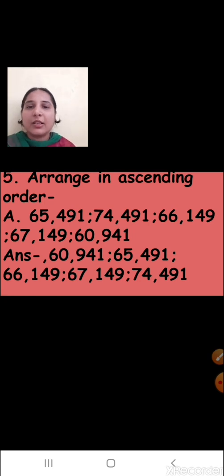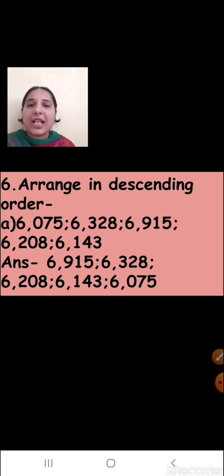Then the number just more than that would be 65,491, then 66,149, then 67,149, and then the greatest one would be 74,491. Okay.